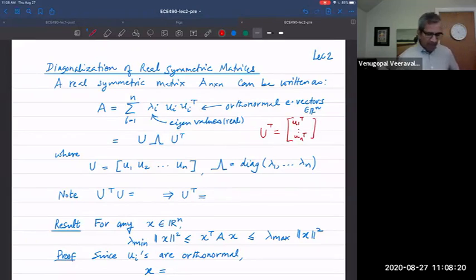If you multiply U transpose with U, because they're orthonormal, you can immediately see the product has to be the identity matrix. That means the transpose of U is also the inverse of U, and such a matrix is called an orthogonal matrix.